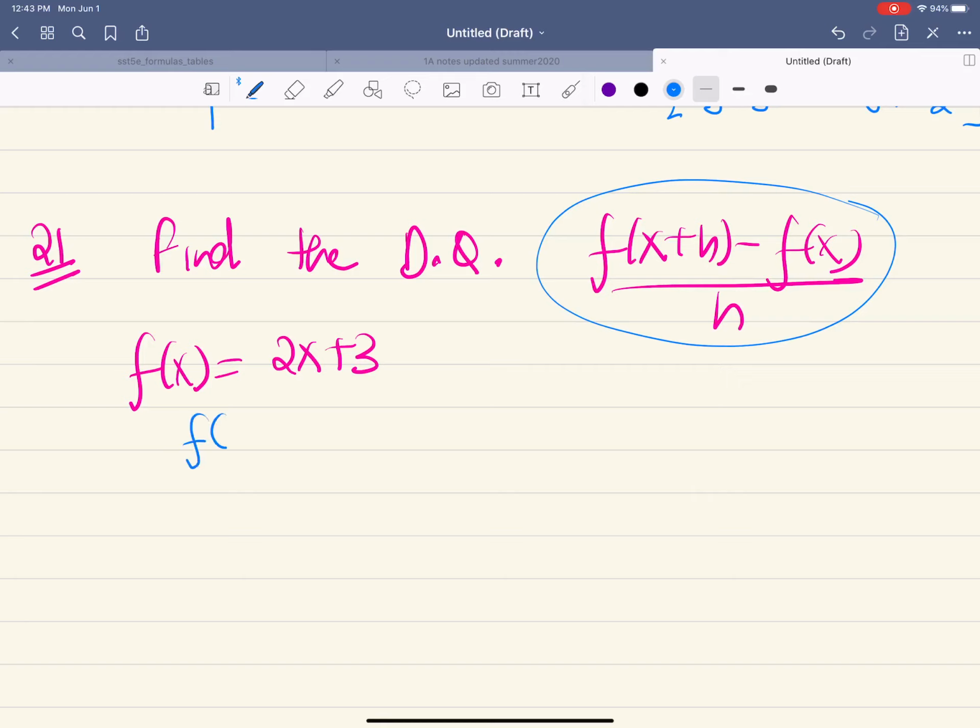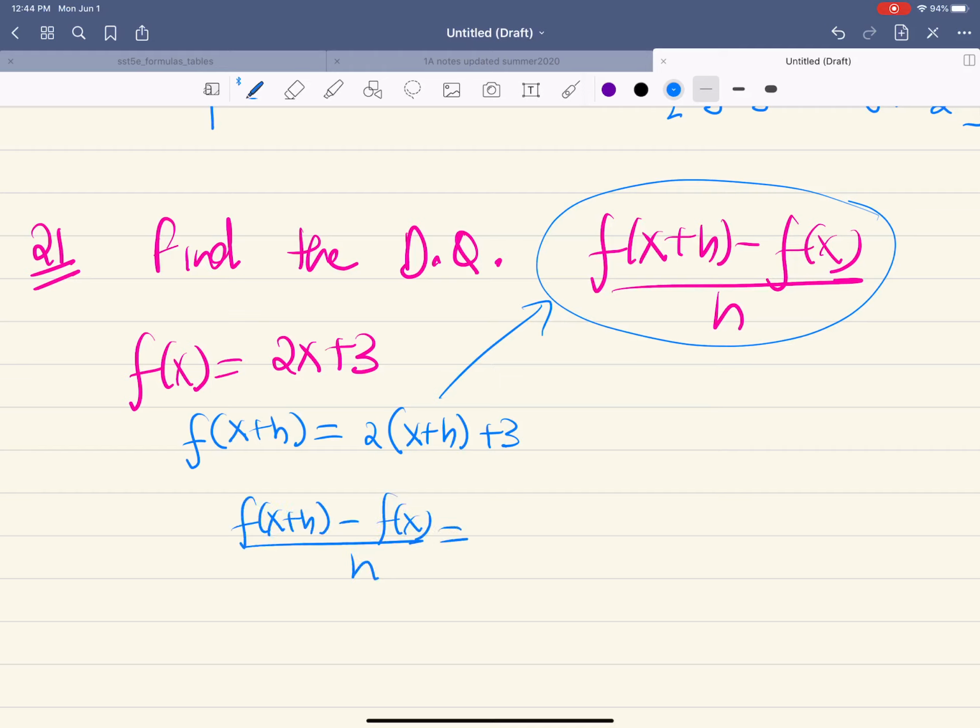Let's go ahead and find f of x plus h. All we have to do is replace the x by x plus h. Just like if you want f of 3, you replace the x by 3. So this is 2 times x plus h, plus 3. Let's plug them into the difference quotient now. It's f of x plus h minus f of x, divided by h.